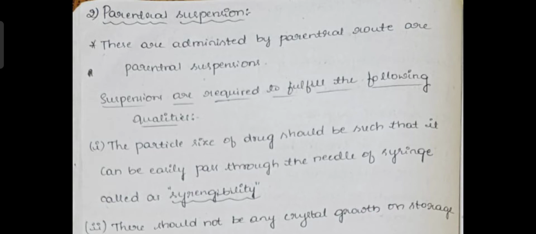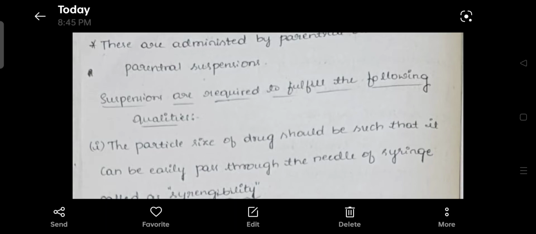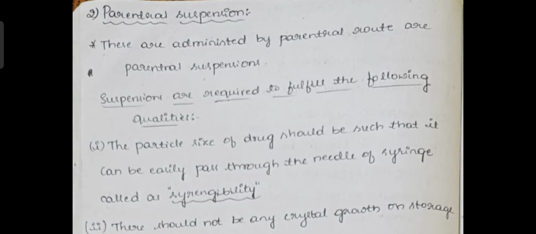In that case, the particle size of the drug should be very small, as it should enter into the needle of the syringe. Syringes of different numbers are available, with different needle sizes, through which the solution can be taken into the syringe. It is called as syringeability.